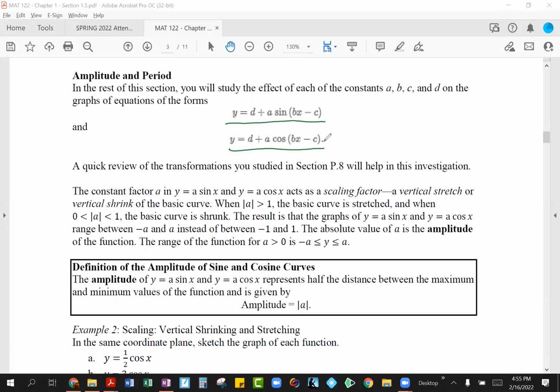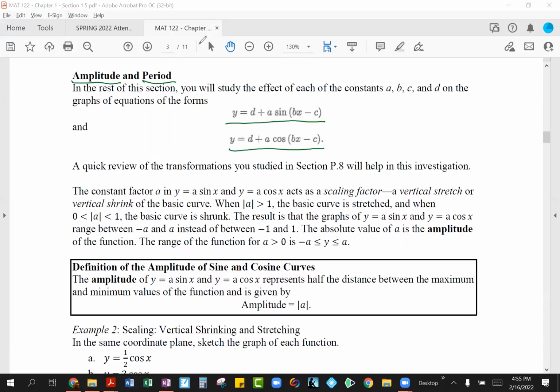We can stretch or shrink our graphs. We can do reflection. All of these different things are what we call transformations. And here we're giving them a more formal name. We're calling one of the transformations amplitude, one of them a period, and then we'll get into some other discussions as we move forward.